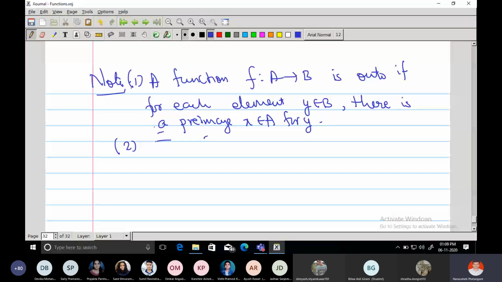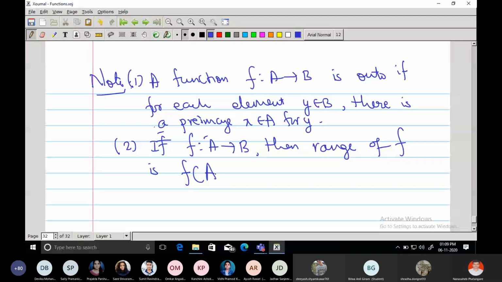Therefore, if f is a function from A to B, then what is the range? Range of f is f of A, right?